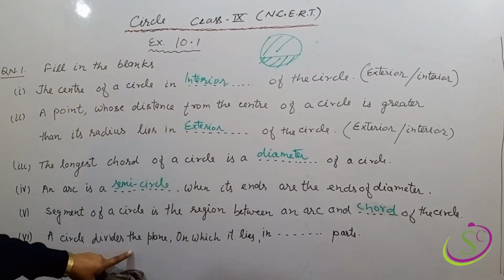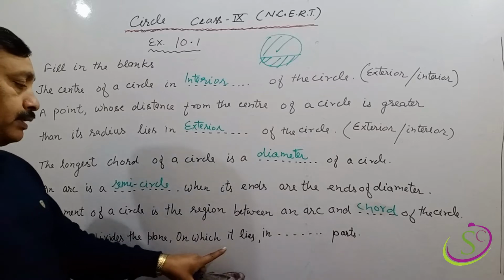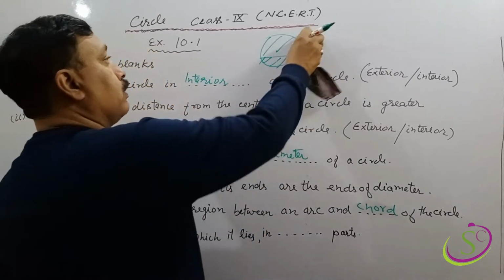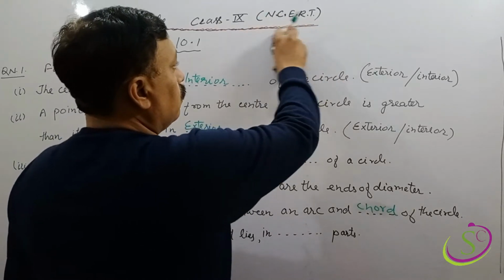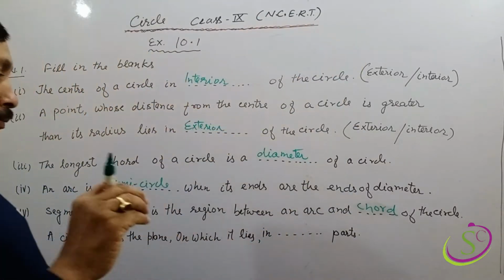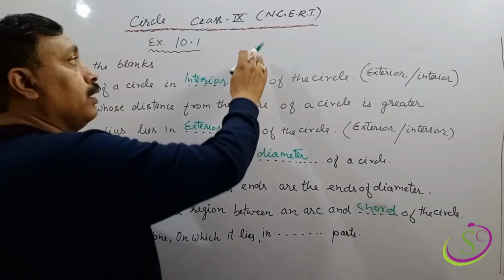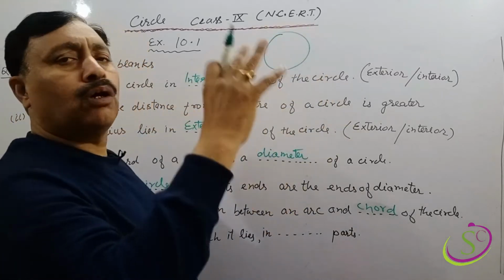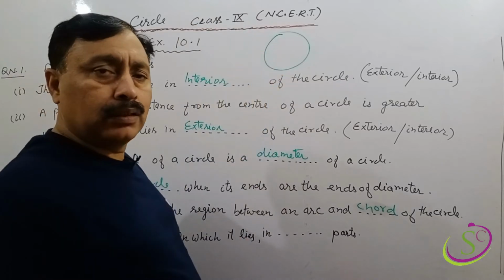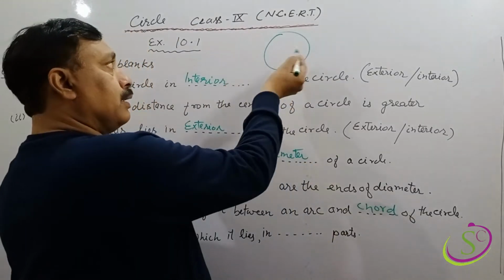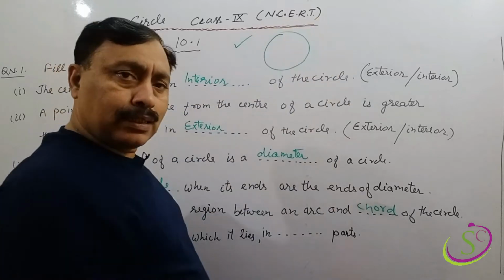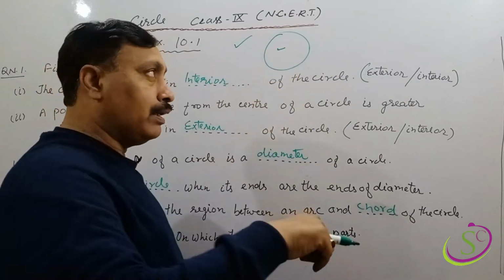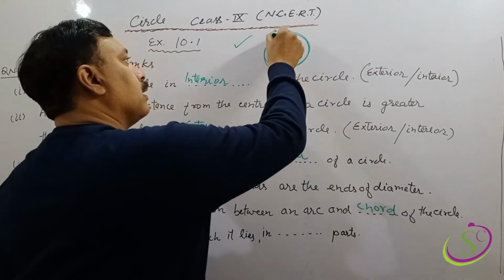A circle divides the plane on which it lies in blank parts. How many parts? Any circle divides a plane into how many parts? See, this is the plane, the whiteboard is the plane and this is a circle drawn on this plane. Clear? So one region is this, outside the circle, one is inside the circle and one is on the circle.